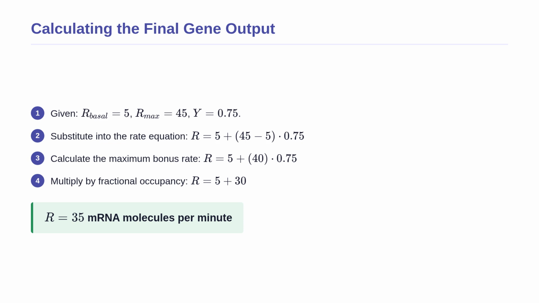We find the difference between the maximum and basal rates, which is 40. This 40 represents the maximum possible bonus transcription. We then multiply this 40 by our occupancy of 0.75, which gives us 30. Finally, adding this bonus of 30 to our basal rate of 5 gives us a final answer of 35 messenger RNA molecules per minute.